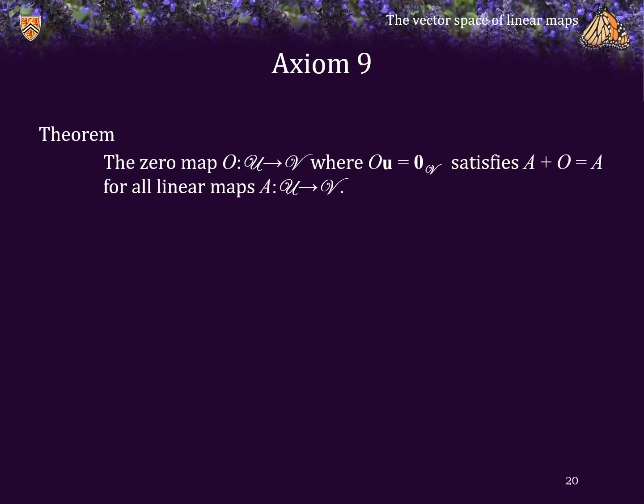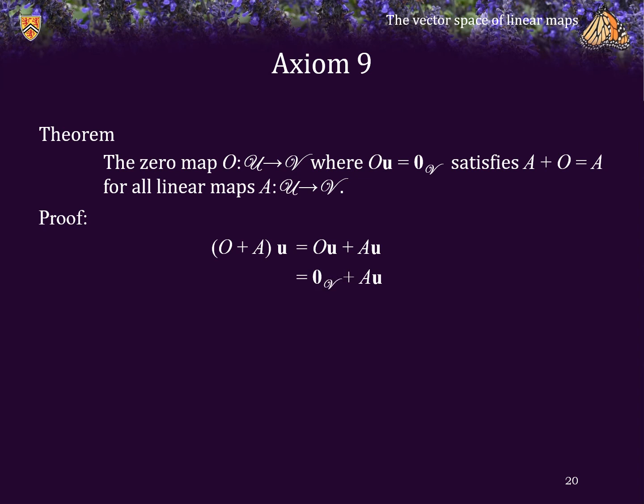Theorem. The zero map, mapping the vector space U onto the vector space V, where 0 applied to u is equal to the zero vector in the vector space V, satisfies A plus 0 is equal to A for all linear maps that map U onto V. Proof. 0 plus A applied to u is simply equal to 0 applied to u plus A applied to u.